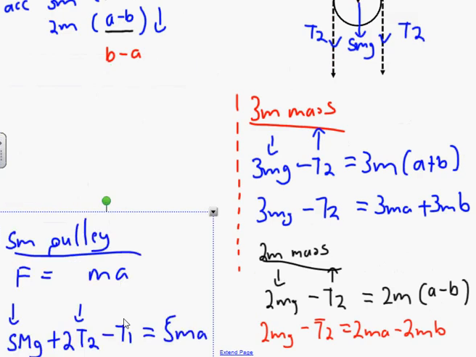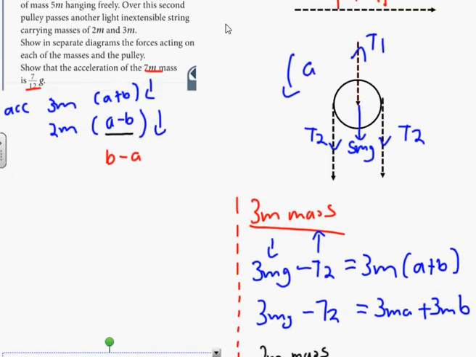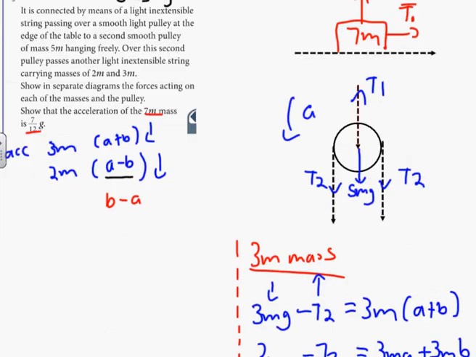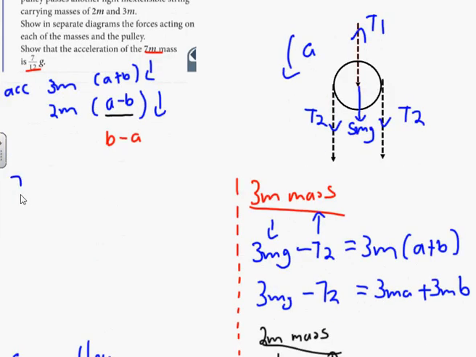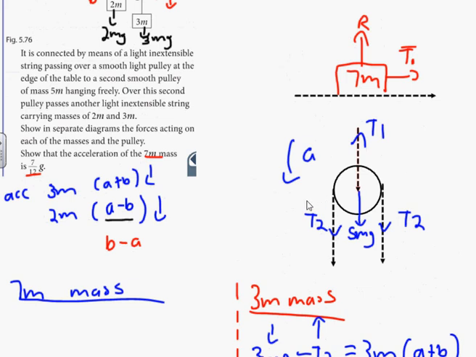So we'll bring that down there. Now, the fourth one is for the 7m mass. Okay, so what can we say about the 7m mass, guys? I think it's a pretty easy one actually, isn't it?